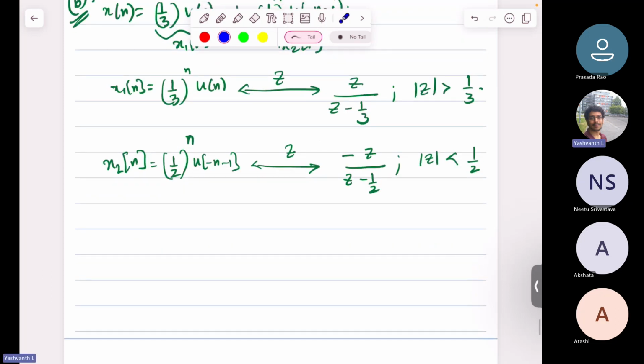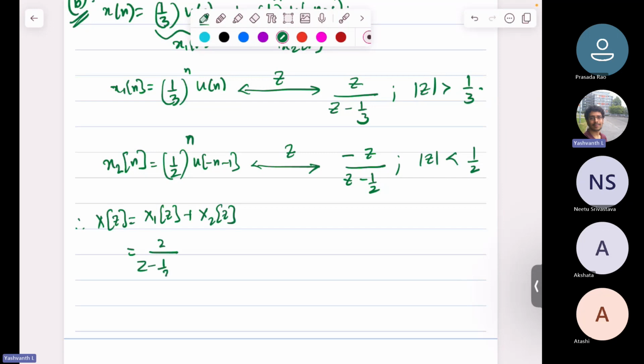Therefore x of z equals x1 of z plus x2 of z, equal to z by z minus 1 by 3 minus z by z minus half, which you can show is nothing but minus 1 by 6 times z by (z minus 1 by 3)(z minus 1 by 2).